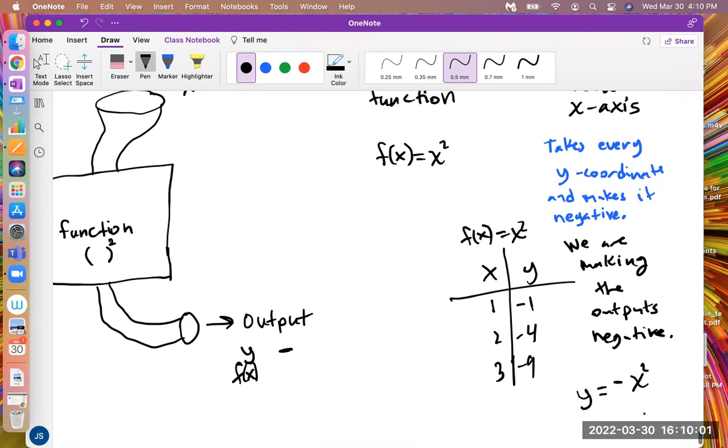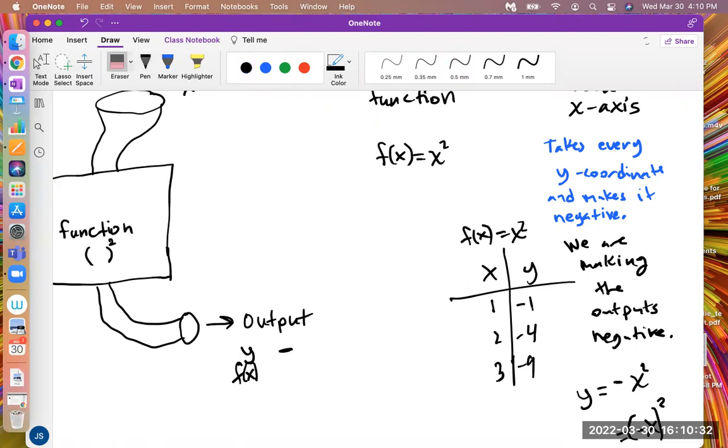Now notice I'm not doing negative x squared, because I'm saying take the square and then make whatever answer you get negative. So that's what the equation would look like if we wanted to flip f of x equals x squared about the x-axis: we would write y equals negative of x squared.